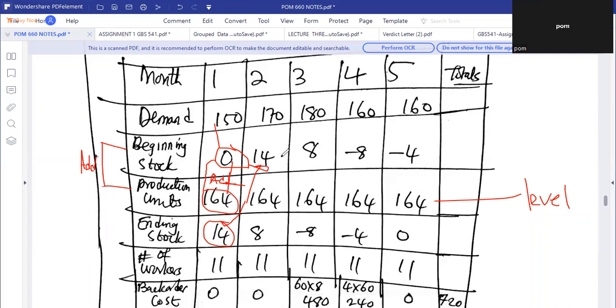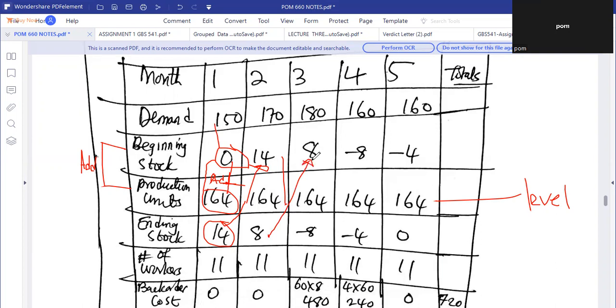Now, this 14 plus the 164 minus 170, you find how many units you are going to remain with, which is 8. So these two give 178 minus demand of 170, you get an ending stock of 8. This ending stock is the beginning stock here.